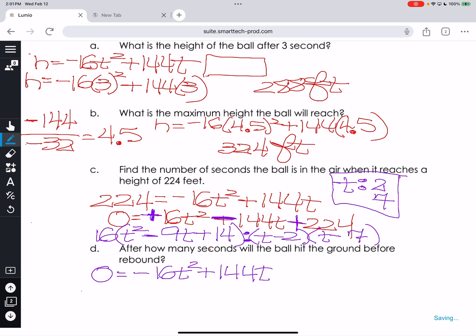We need what to happen before we can solve? It needs to be positive. So we have a positive 16t squared and a negative 144t. What is the GCF? 16t. Good.